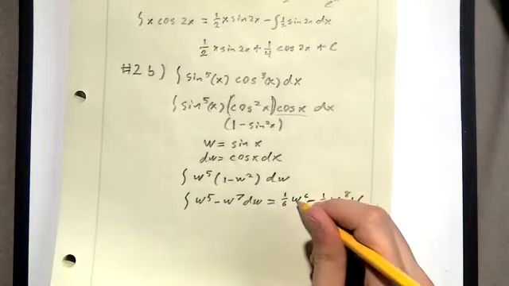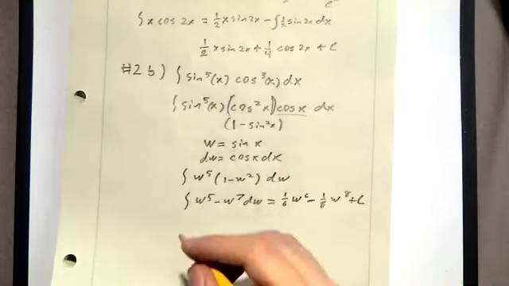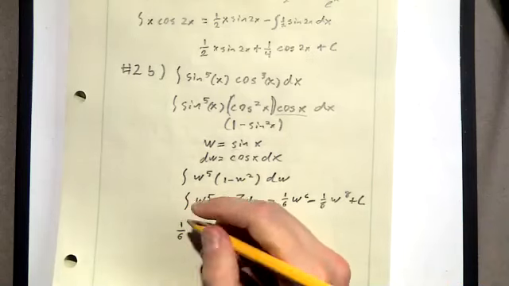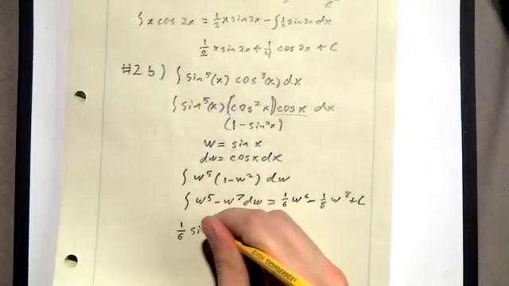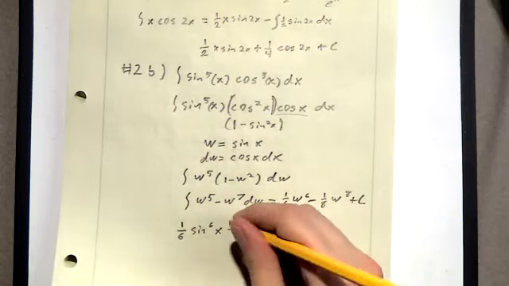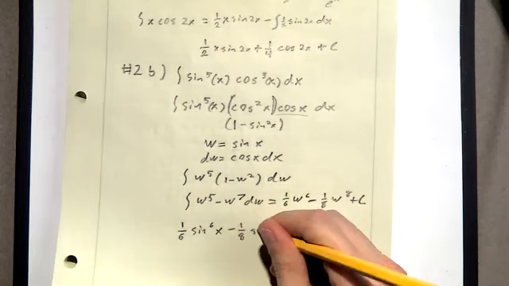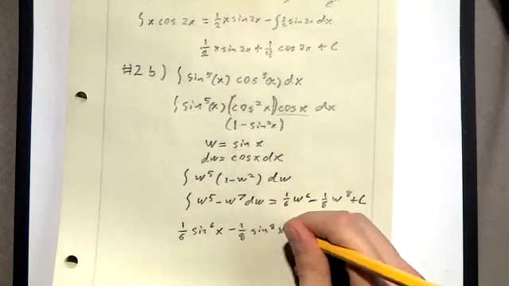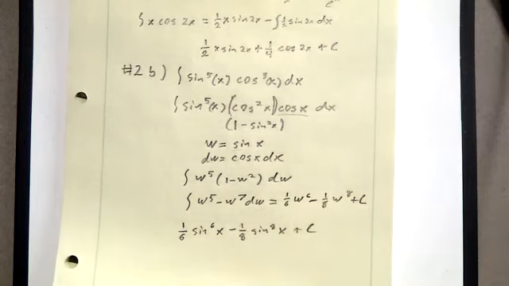And of course, we substitute these w's in for sine, and we get 1/6 sine to the sixth x minus 1/8 sine to the eighth x plus c. That's our final answer there.